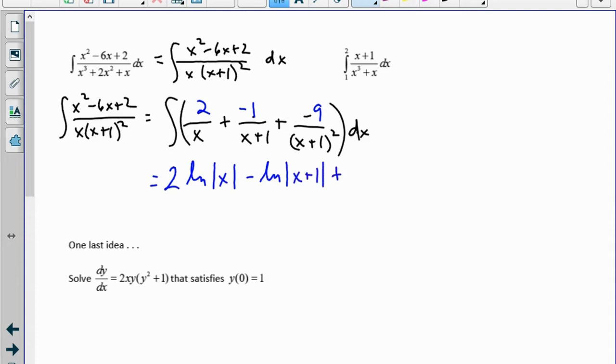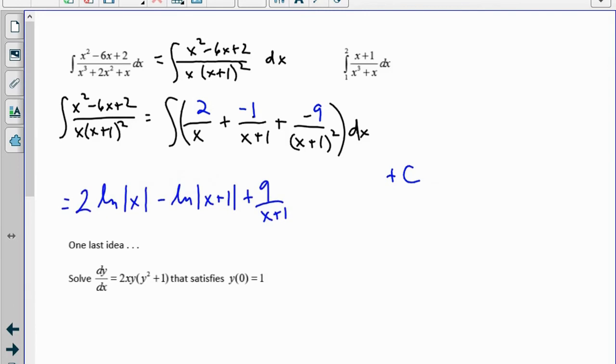And then this one is plus 9 over x plus 1. And we learned that on the previous side, because if we have negative 9, when we integrate the squared term in the denominator, it changes the sign. So it's going to end up being plus 9 over x plus 1. And then that's plus c. So that's that one.